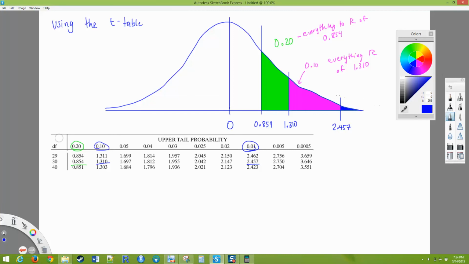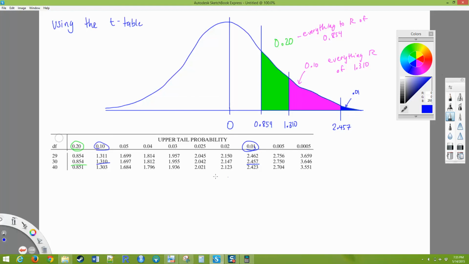So a common question is, why do the numbers get smaller as our critical values, these are known as critical values, get larger? Why do our tail probabilities get smaller? And the answer is you're getting farther away from 0, so the amount that's available to shade to the right becomes smaller and smaller.